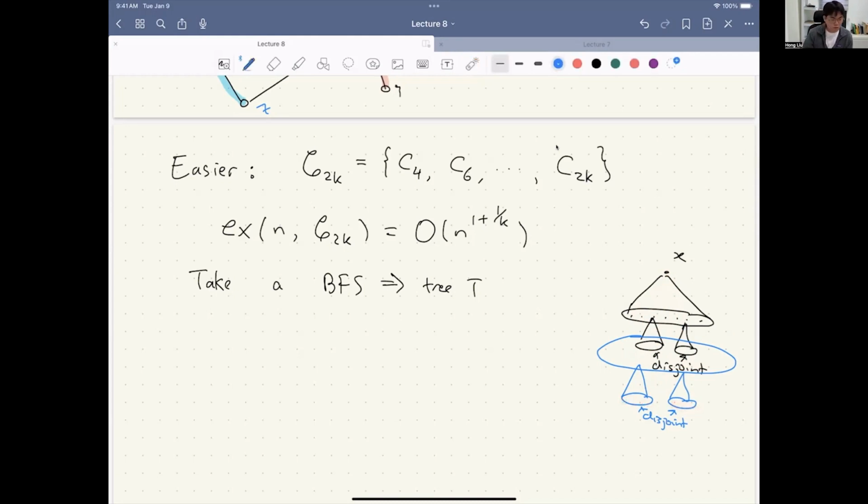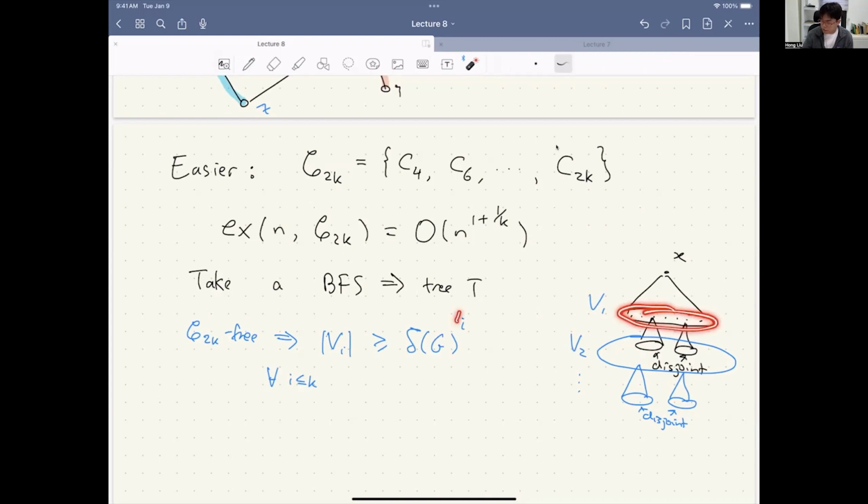All right. So what do we have? No cycle in C_2k implies for each layer, let's say V1, V2, and so on, each layer Vi for i at most k has size greater than the minimum degree of the graph raised to power i. The first layer is at least the minimum degree.